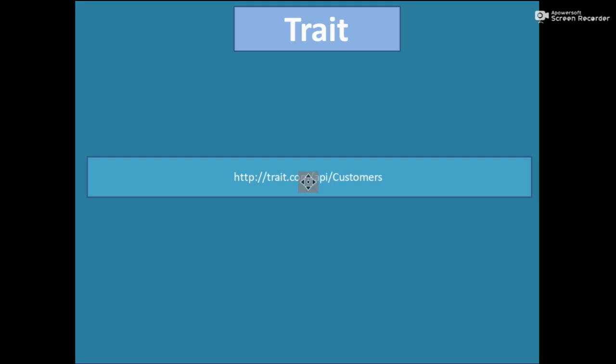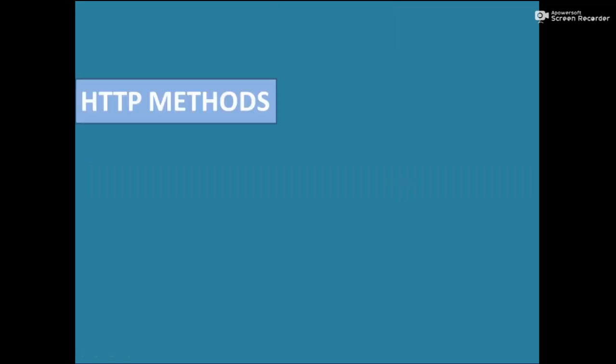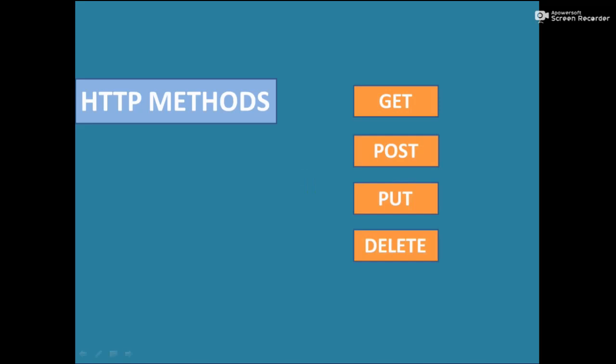The type of the HTTP request determines the kind of operation. Every HTTP request has what we call a verb or method that determines its type or intention. Here are the standard HTTP methods: we have GET for getting data, POST for creating data, PUT for updating data, and DELETE for deleting data.